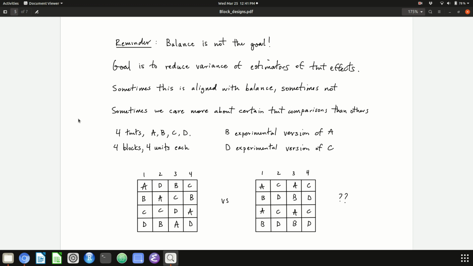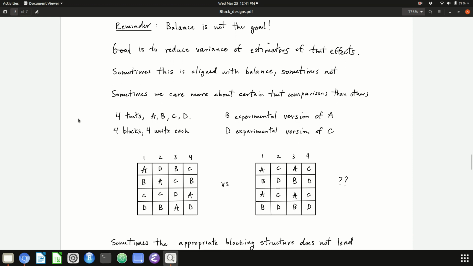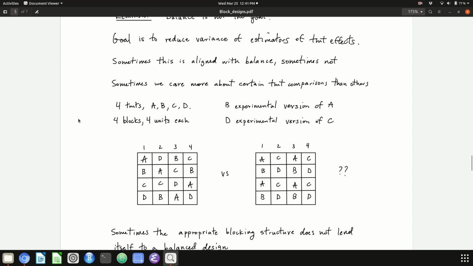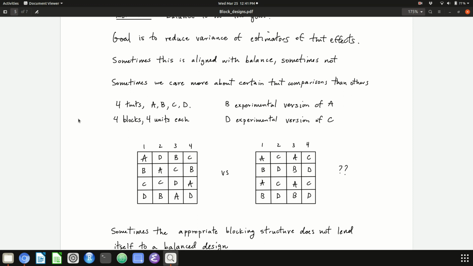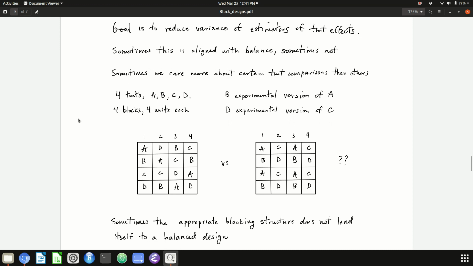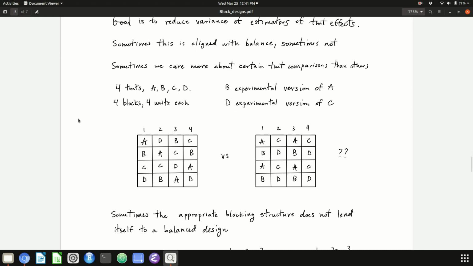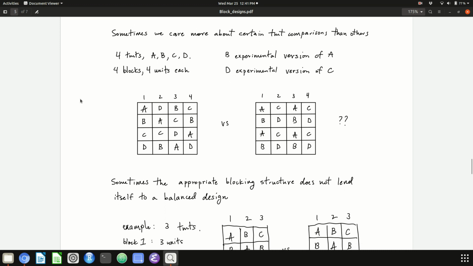The goal is to answer the question, which often means the same thing as reducing the variance of our estimates of the treatment effects. So the goal is to answer the question, not necessarily balance. Let's just look at a couple of examples that are a little bit more subtle than that.